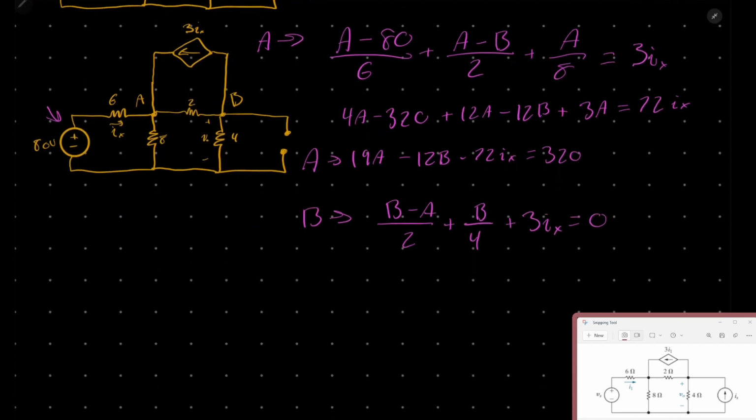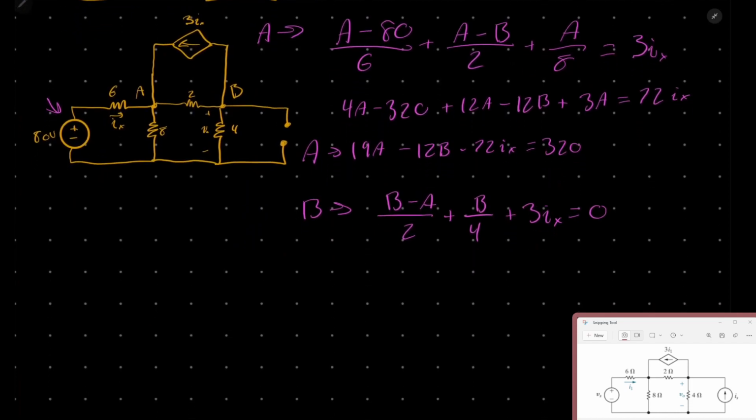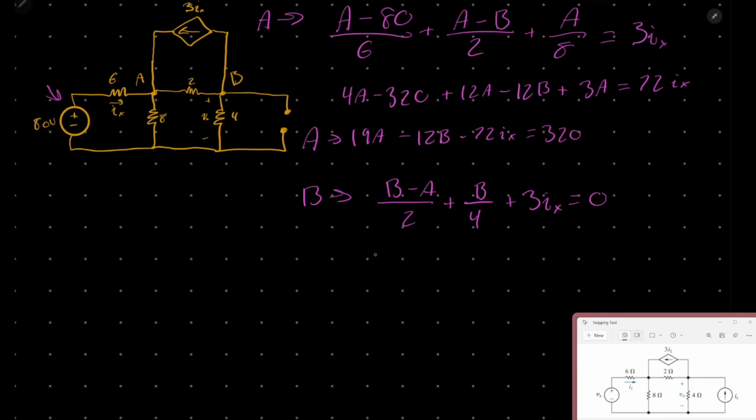Okay, and now we can simplify all of this. So we'll just multiply this right here by 2 to get a common denominator of 4. So it'll end up being 2b minus 2a plus b, and then we multiply this 3 by 4 because we're practically multiplying everything by 4 here, to get plus 12ix equals 0.